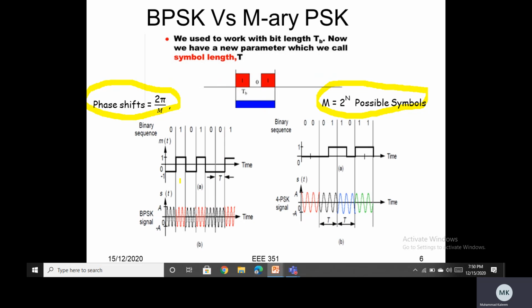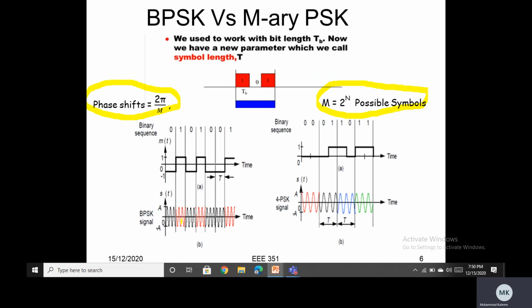01010001 and I'm using a bipolar line code, so 0 is represented with -1 voltage. So you can see the black color shows one waveform or one symbol, and then there is an abrupt change at the symbol transition time, and because it's binary the phase shift will be pi, 180 degrees.